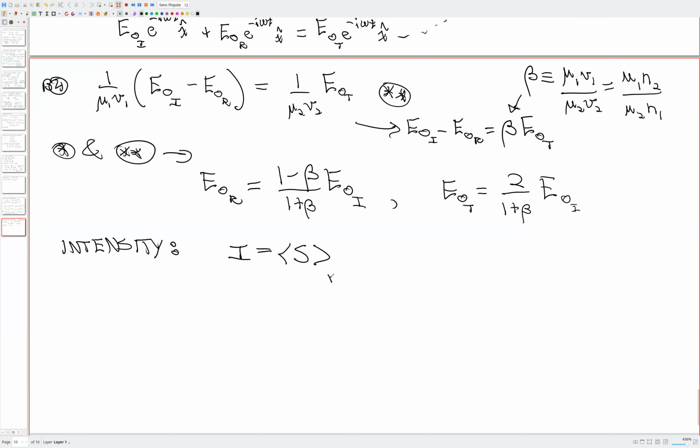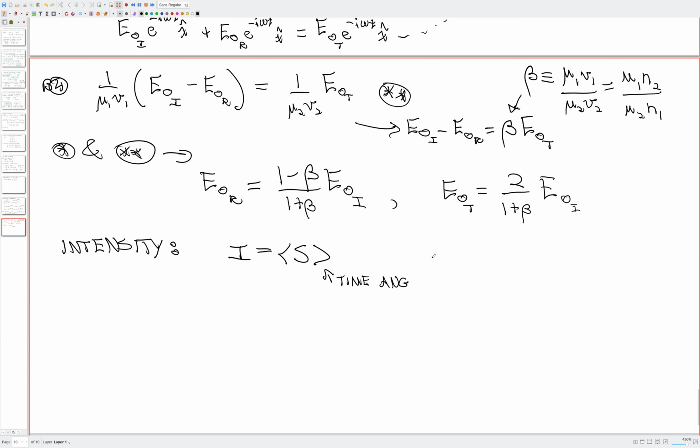Here, this average means a time average. Why time average? Because the wave oscillates, and you're just averaging over a cycle of the wave. It's like averaging cos squared over one cycle, which gives you a factor of 1/2.